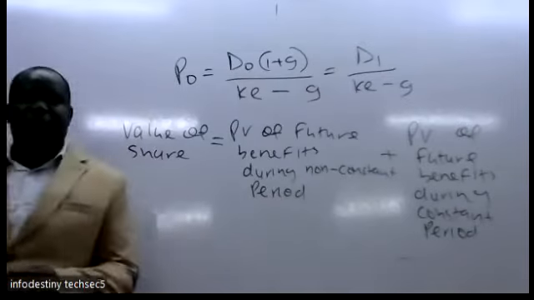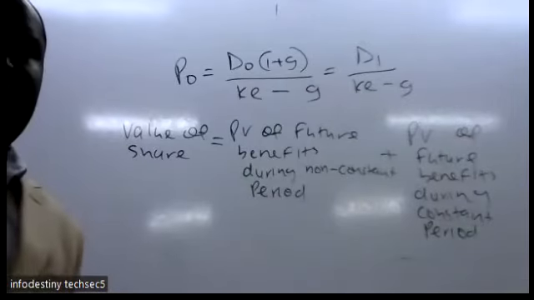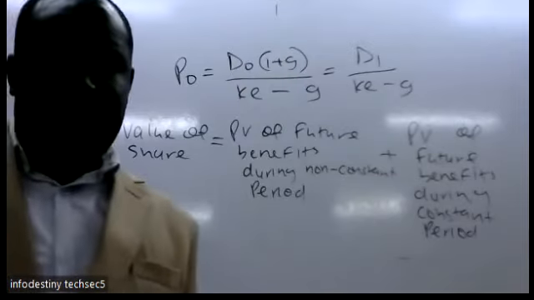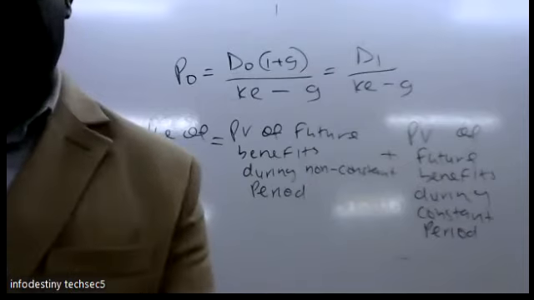So you simply add present value of the future benefits during the non-constant period. You add present value of the future benefits during the constant period. So we shall be understanding them when we do some questions in relation to that.